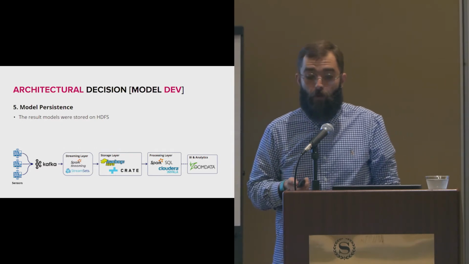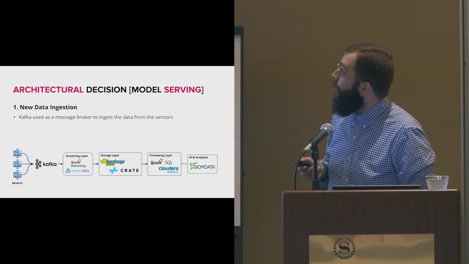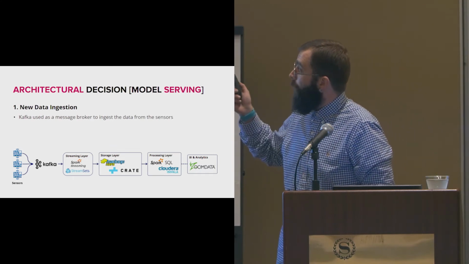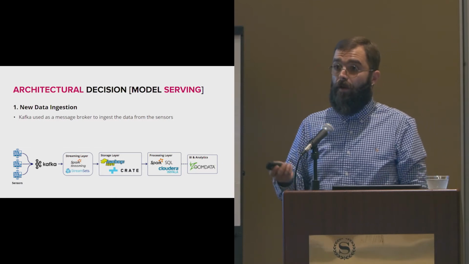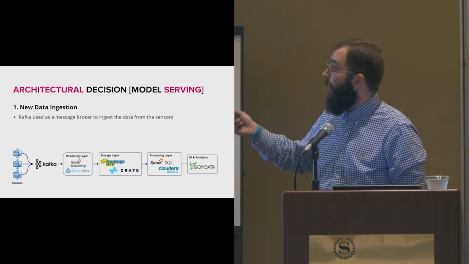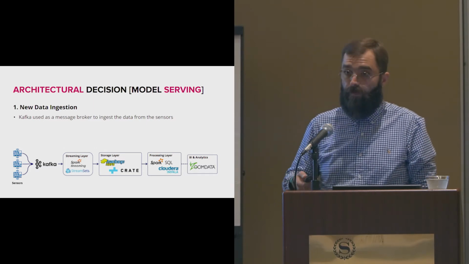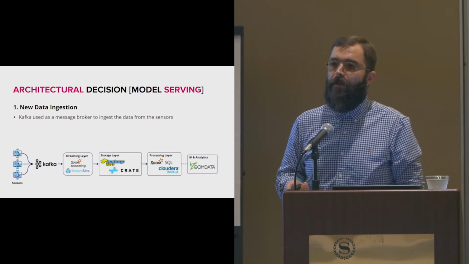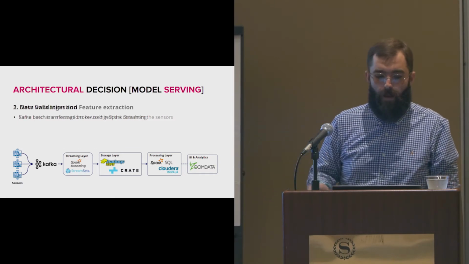So next is the model serving workflow. To ingest the new data coming from the IoT sensors, we used Kafka as a message broker, which was also used to do some initial data preprocessing and data transformation from that proprietary data format.